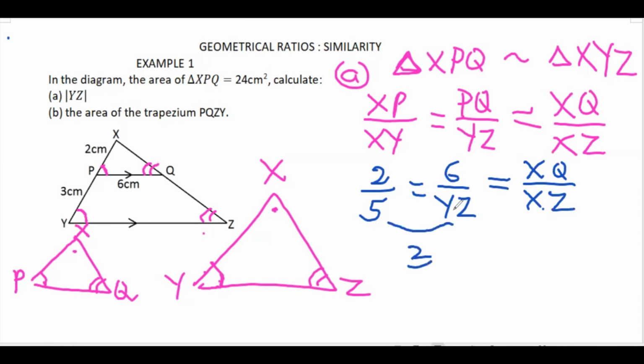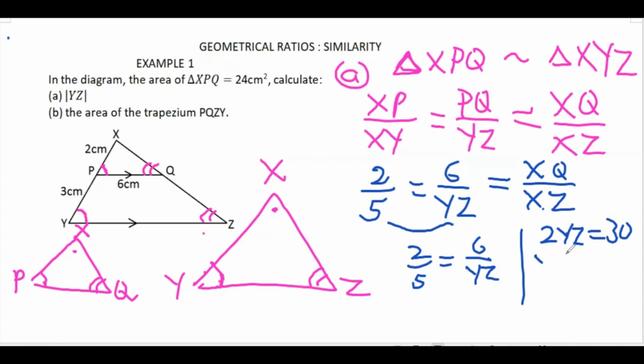We have 2 over 5 equal to 6 over YZ. When you cross multiply, that should give you 2YZ equals 5 times 6, which gives us 30. And for you to find YZ now, we remove this coefficient. We divide both sides by 2.